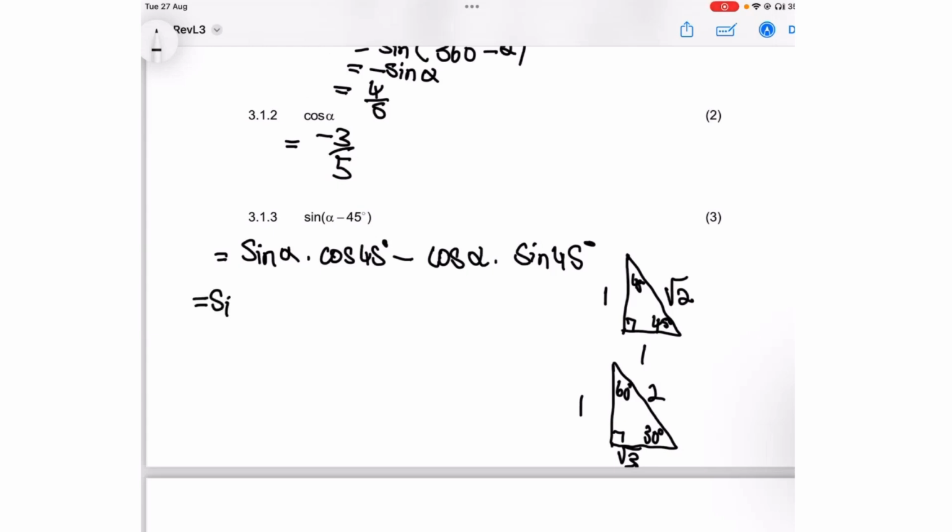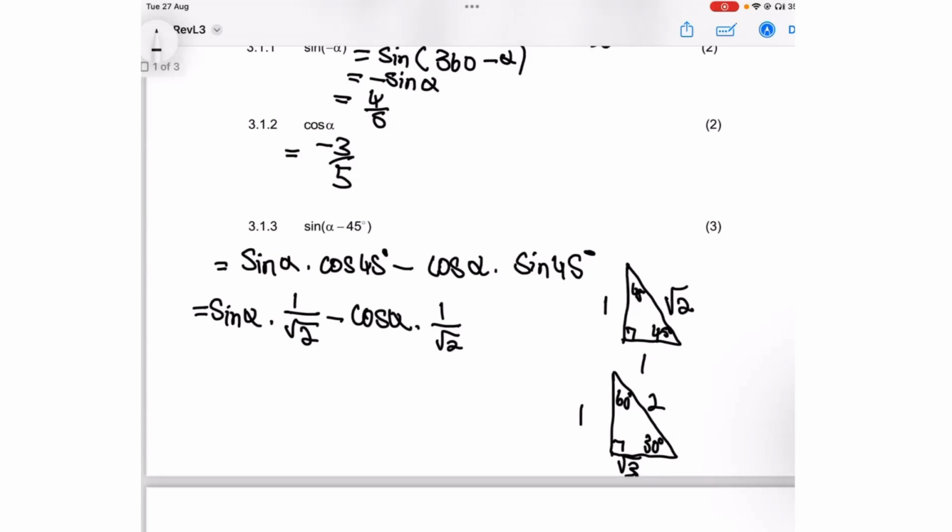So we're going to have sine alpha times 1/square root 2, right? Minus cos of alpha times 1/square root of 2. But someone would say, but you already have sine of alpha.